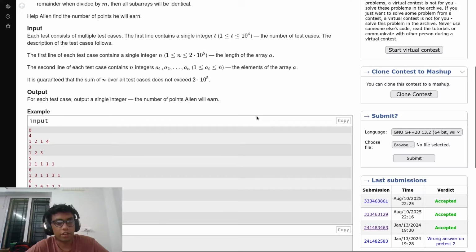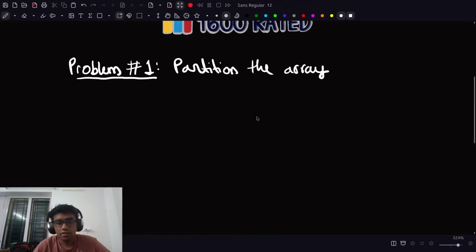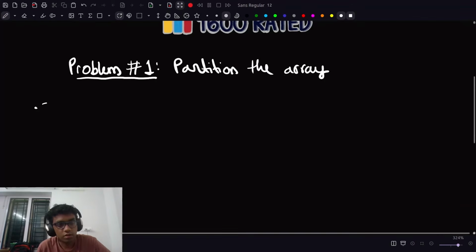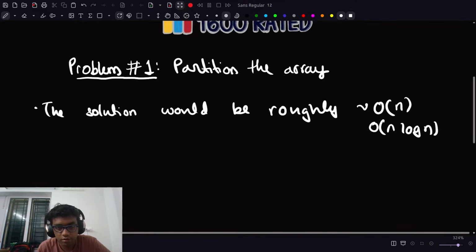Since n has regular constraints, that is 2 times 10 to the power 5, we can say that the solution would be roughly about big O of n log n, plus maybe some constant, something like that.